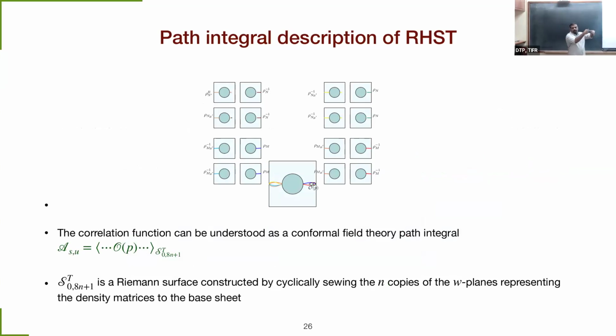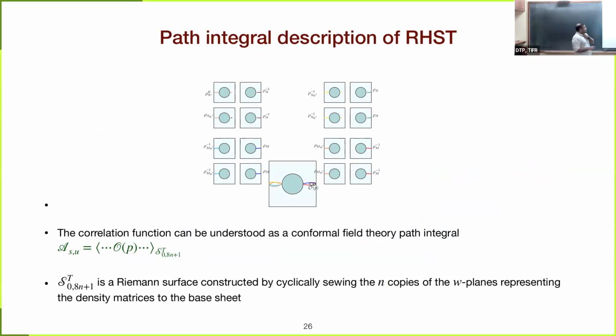So there's some modification of the replica trick, where you don't have the replica symmetry. You can construct such a saddle, and the correlation function that involves this half-Fourier translated operator can be thought of as a path integral done on a different surface, which I call SD.